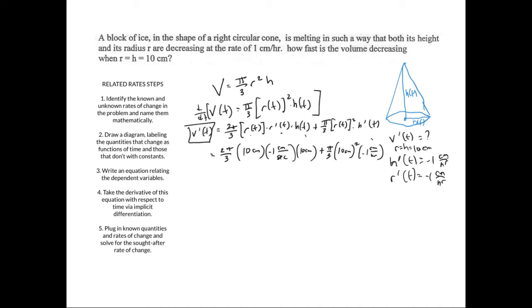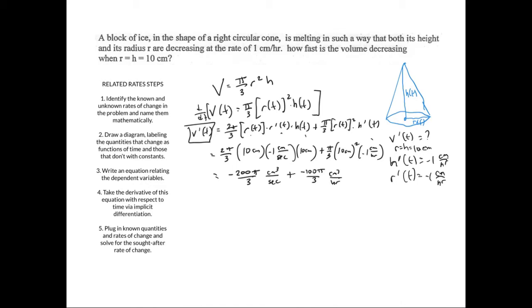So when I go to simplify this, that would be 100 times 2 is 200 times negative 1, so that's negative 200 pi over 3 for this first thing before the addition, and the units would be cubic centimeters per hour, plus for that second thing, 10 squared is 100 times negative 1 is negative 100, so negative 100 pi over 3, and the units on that will come out as centimeters cubed per hour as well.